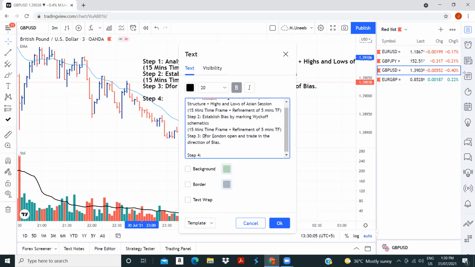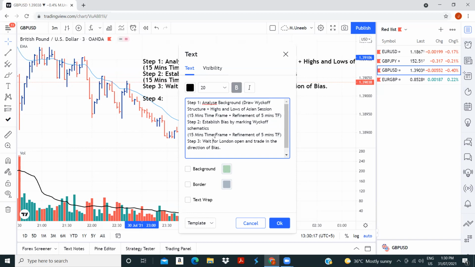You can say draw conclusion on bias. No, this one is not 15 minutes actually. Wait for London Open. Step 1 and step 2 should be performed 15 minutes before London Open. Okay, remember that.